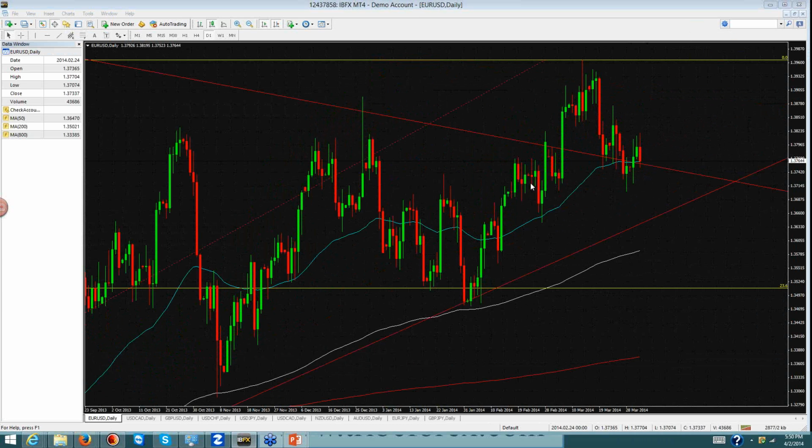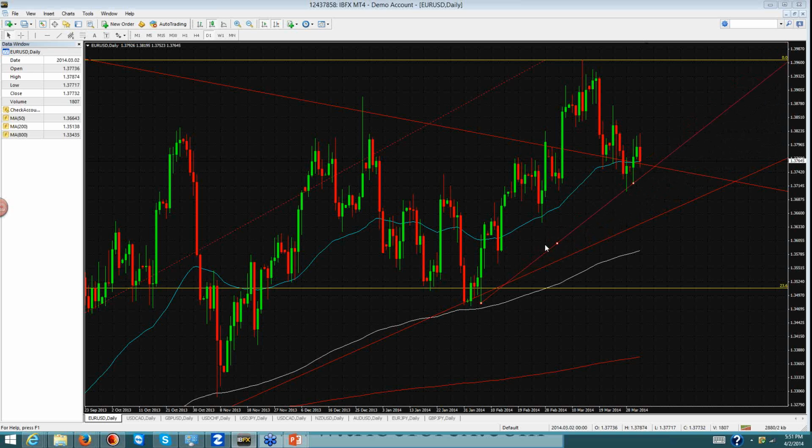When we have a channel, it's very clear for us. When we have a flag formation or a pennant, those are very clear for us as well. What we have going on here on the euro dollar is some form of, I would dare say, a flag. In fact, it's here.